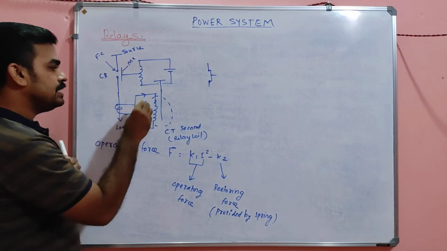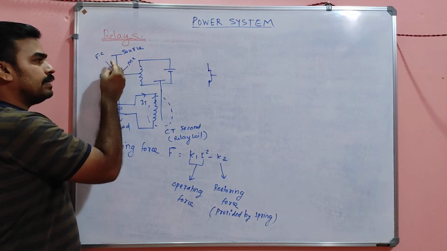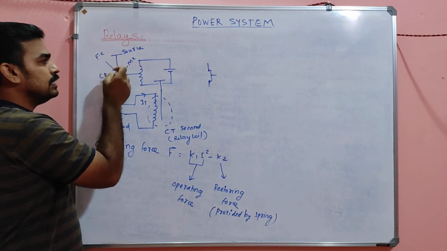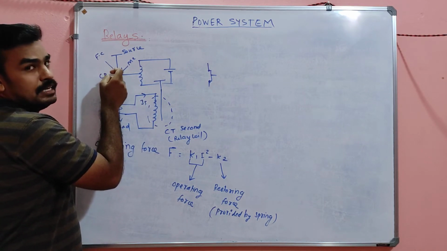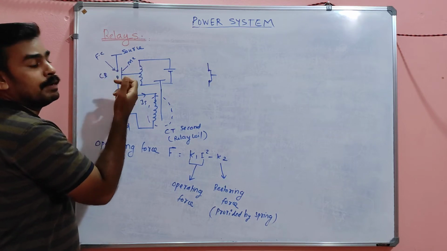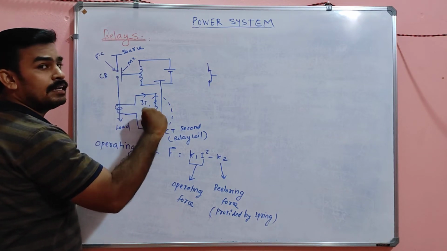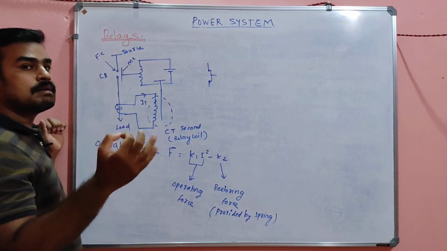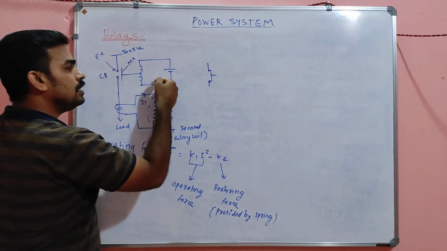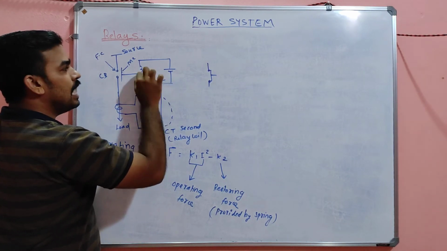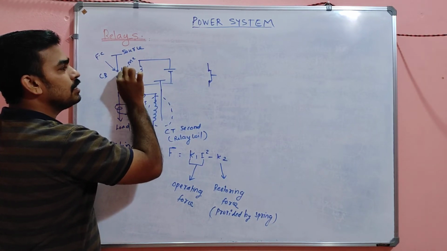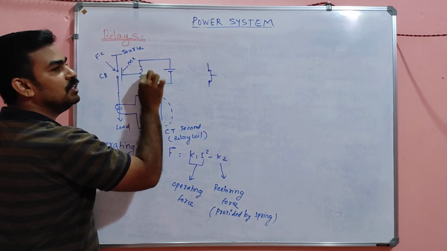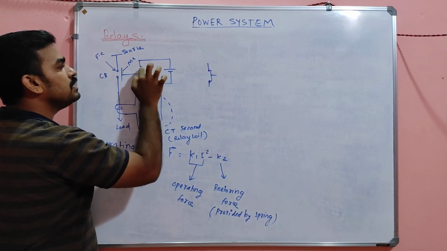Now this force is greater than the attractive force of this MC to the FC. If this force is higher than this force, the arrangement is set in such a manner that this will close the circuit and this MC will be moved towards the coil due to the force experienced by this coil.